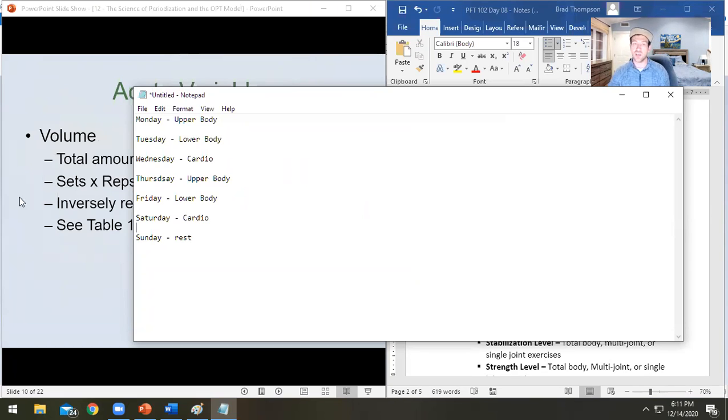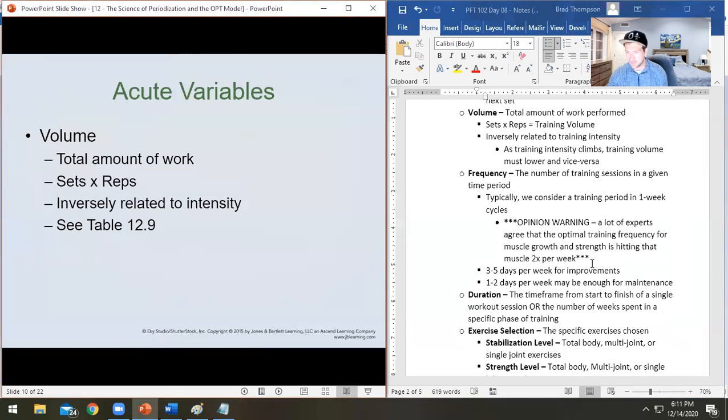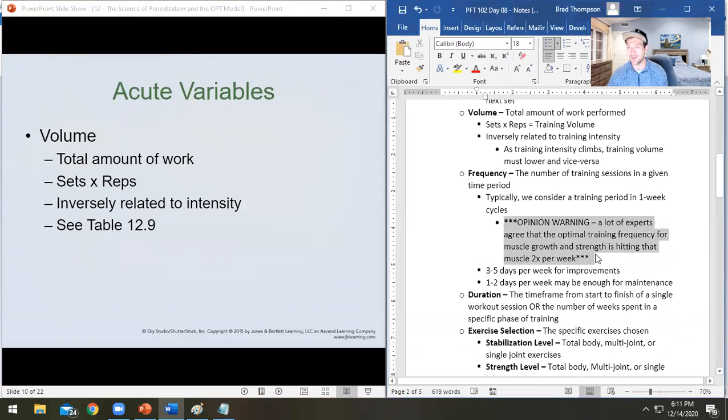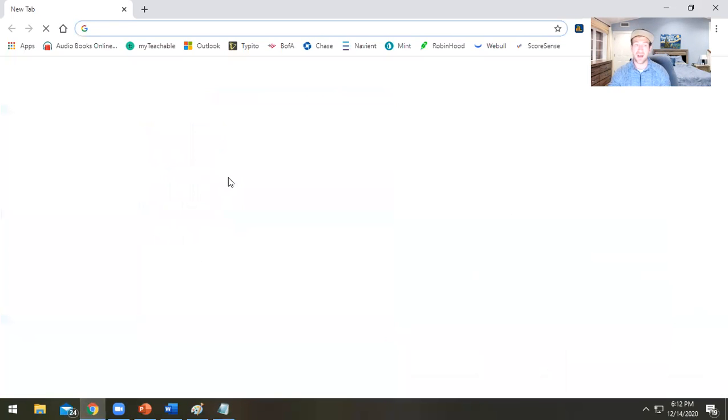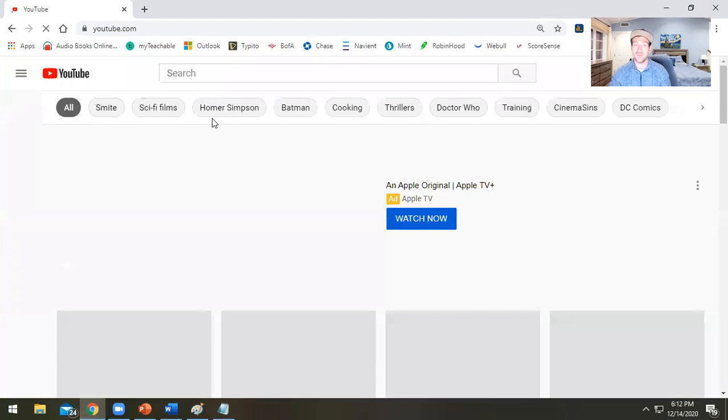So in general, and this is something NASM doesn't ever explicitly say here. In fact, I think I did put, yeah, I got an opinion warning down here in the acute variables. So when it comes to training volume, there's been a lot of research done recently. If you guys want to learn a little bit about it, there are some really good videos out there on training volume.